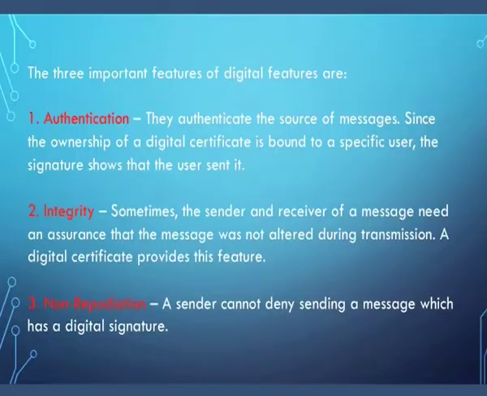The three important features of digital signatures are: 1. Authentication. They authenticate the source of messages, since the ownership of a digital certificate is bound to a specific user. The signature shows that the user sent it.